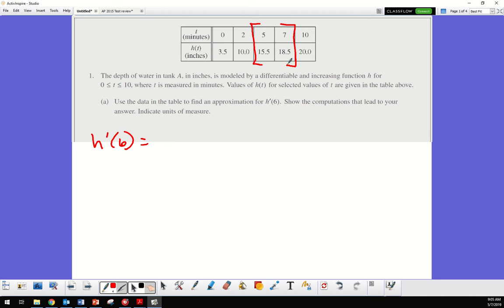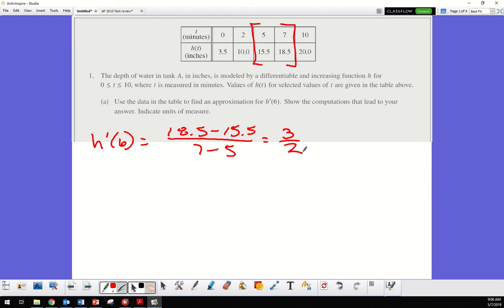So let's find the slope in between those. It's going to be 18.5 minus 15.5 over 7 minus 5. Now, this is a calculator portion of the test, so you can use that. So what do we get? 3/2. Yes, so it's going to be equal to 3/2.